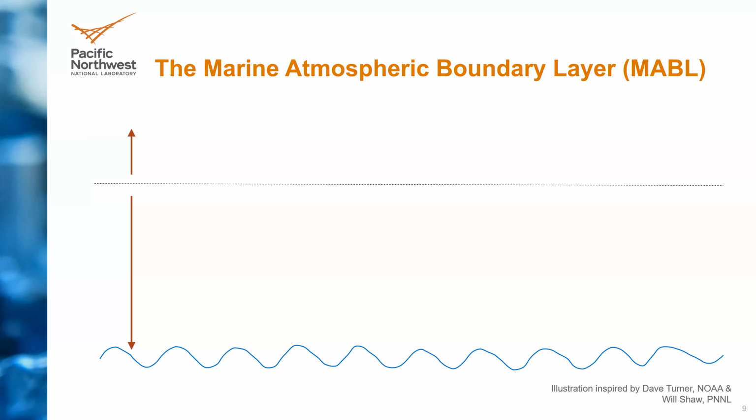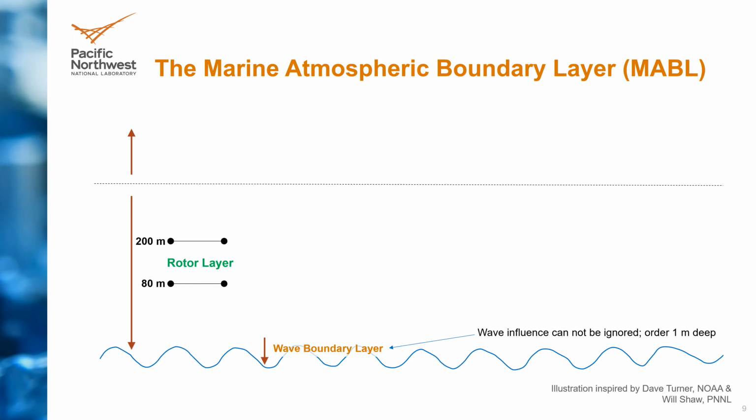Sorry about that. So the next thing that I wanted to talk about is what exactly a marine atmospheric boundary layer is. Imagine my squiggly line here is the waves of the ocean, and you have your wind turbine rotor layer at approximately 80 to 200 meters.